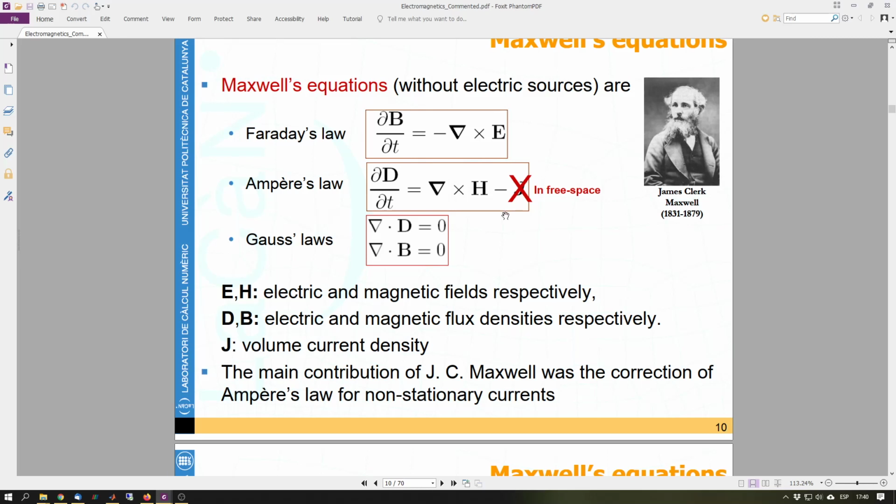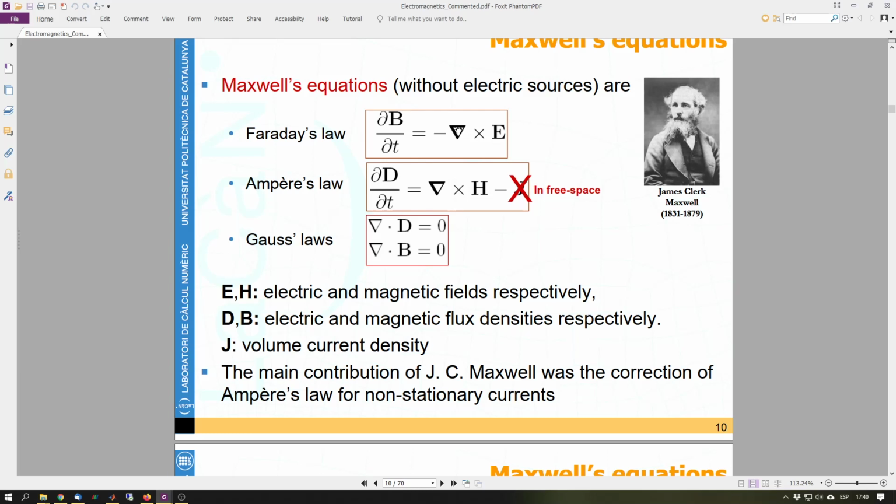If there's no charge, in empty space, we have this J, which is the flow, which may be neglected without charges. If we have any charge, then we also have this electrical flow due to the presence of the charge.